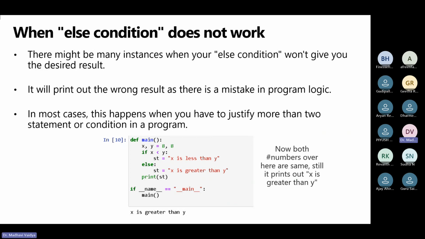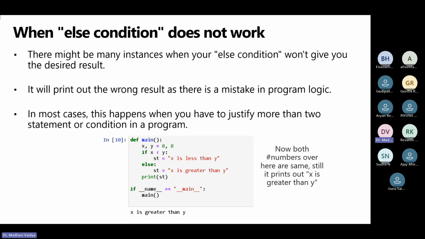Then I could have written if x less than y, x is less than y, else if x greater than y, x is greater than y, else x must be equal to y. There is no other condition. So then you write the code in terms of if, elif, else.